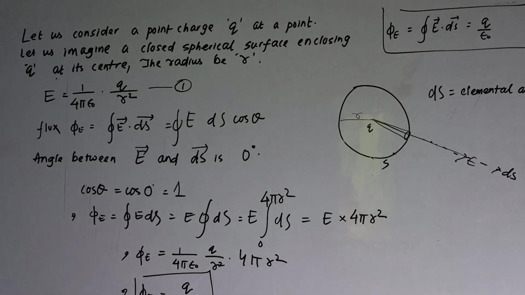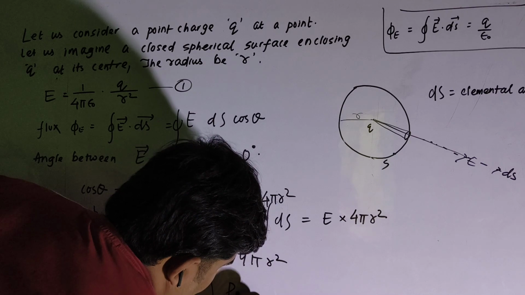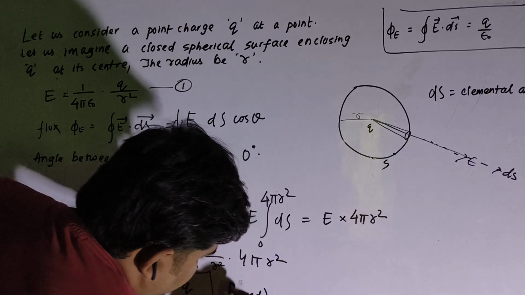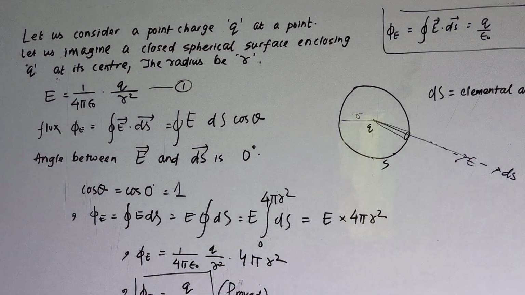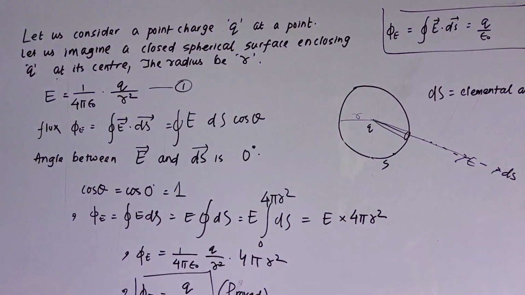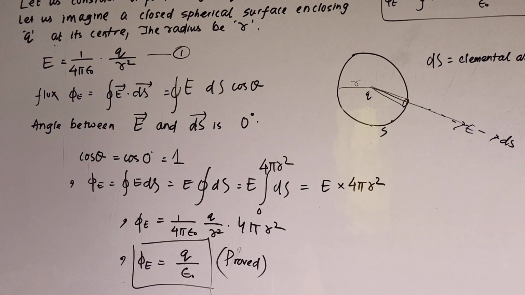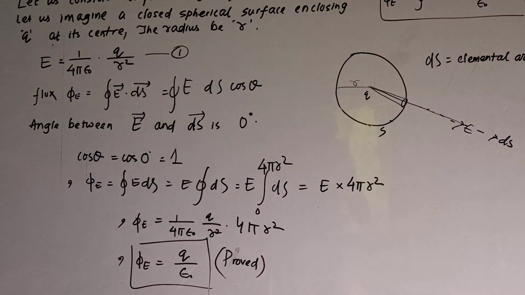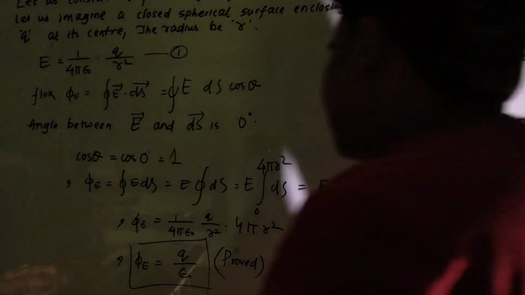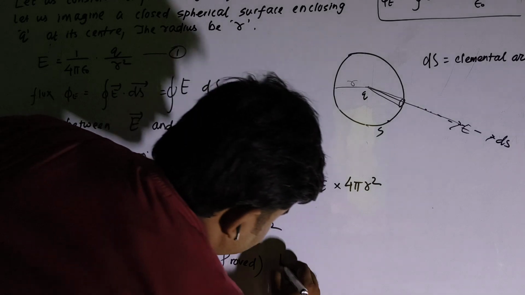This is proved. This is Gauss's theorem. It is quite easy if you understand the small integrals. So this is our Gauss's theorem, q upon epsilon naught. Hence our Gauss's theorem is proved.